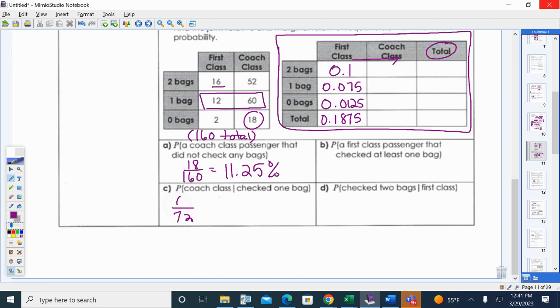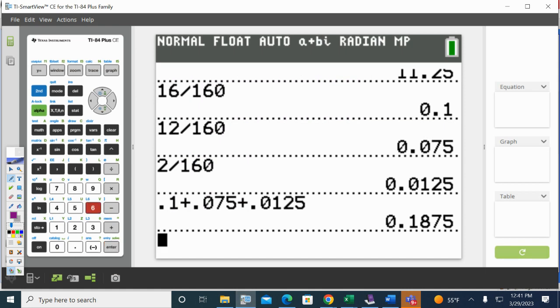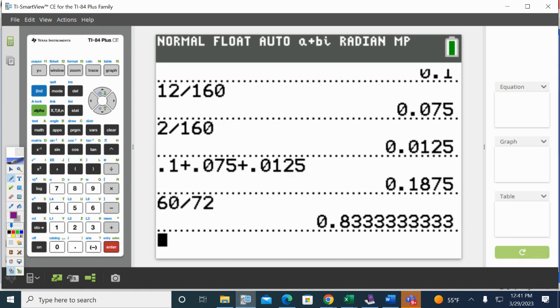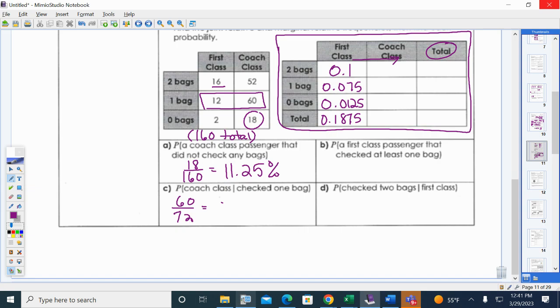So that's 60 out of 72. And again, we're just going to take 60, divide by 72, change that to a percent by multiplying by 100 or moving your decimal 2 places to the right. And we're going to say 83.33. We'll keep 2 decimals there, 83.33%.